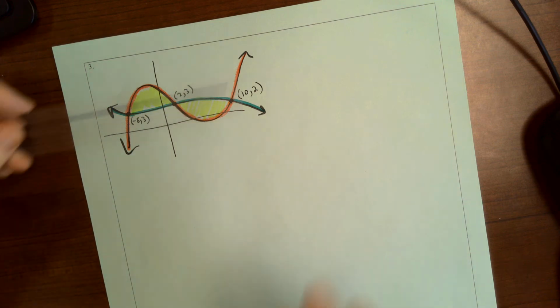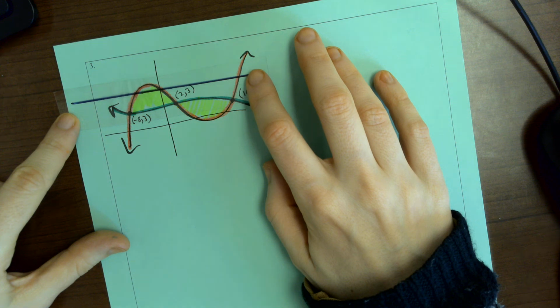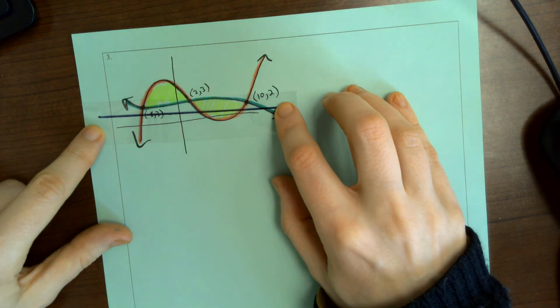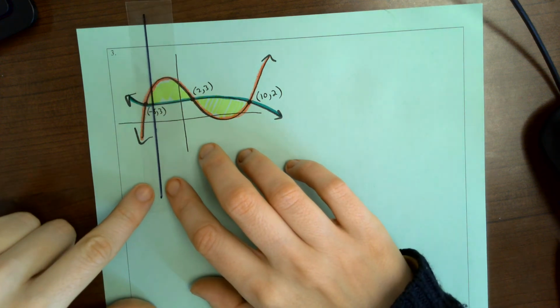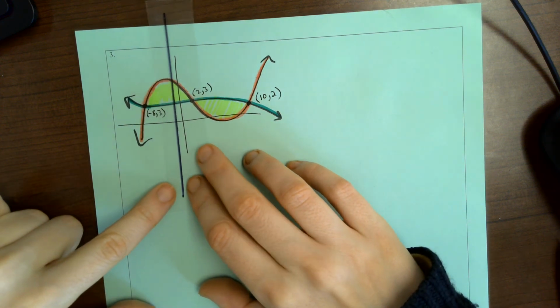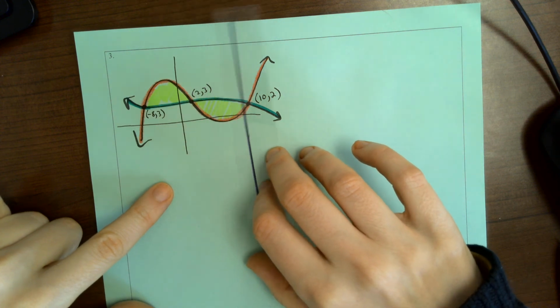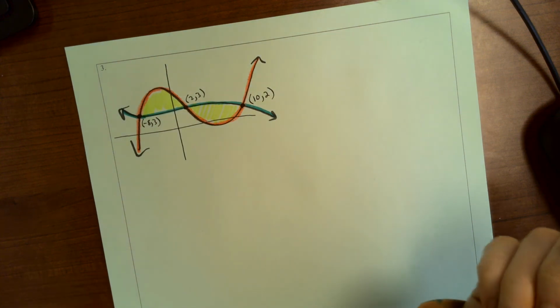All right, let me check the horizontal line test. Nope, it's immediately failing. Right there, it hits the red graph twice. So vertical line test. Yep, I'm just hitting each graph 1 time. Okay, so I want in terms of x.